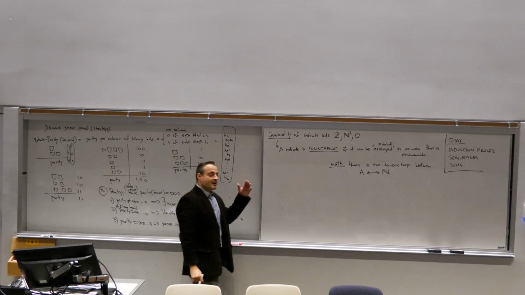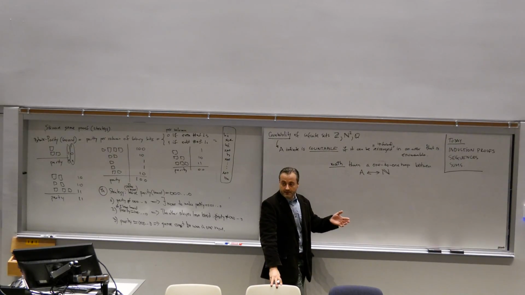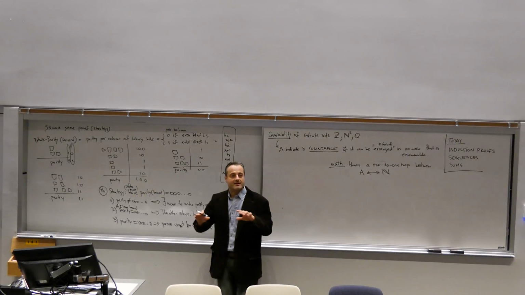So as long as I can enumerate an infinite set in a way that's clear, here's the first element, here's the second element, here's the third element, fourth element, and so on and so forth, and it's clear that in that enumeration, every element shows up and shows up exactly once, I call that today in this class countable.